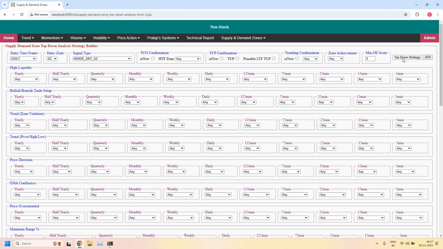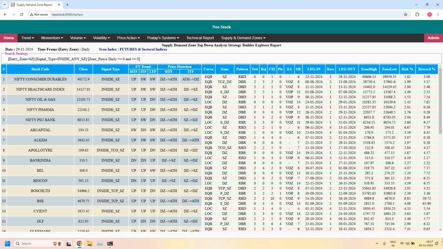Let's filter the stocks. We got a big list. These are the first 15 stocks where price closed inside the daily supply zones. From this list, some high probability stocks you can identify by looking into the high liquidity zones in this column. I am scrolling the list down.